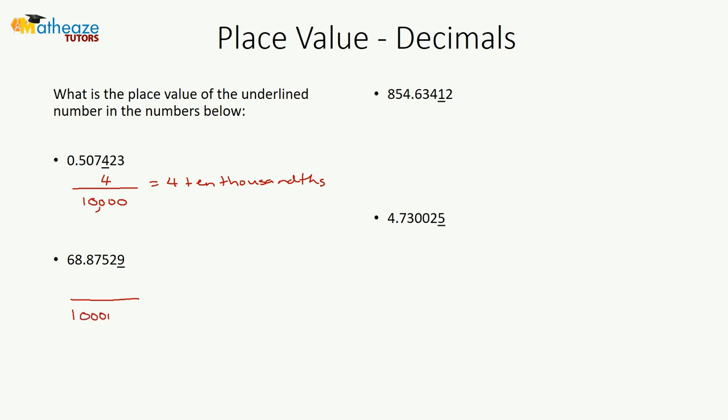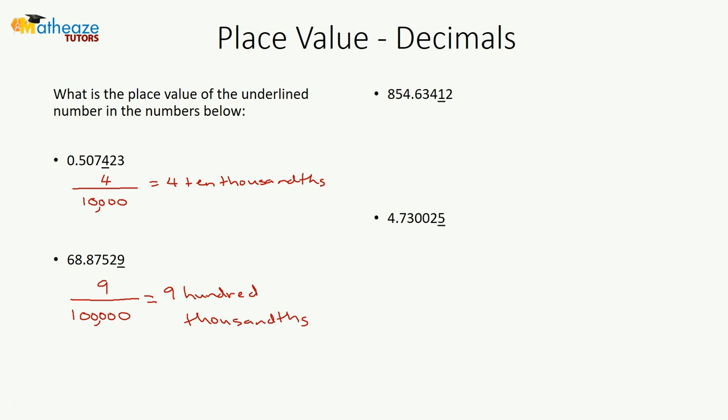So we have 9 over 100,000. So this is going to be 9 hundred-thousandths. Always pay attention to the th at the end of the number.